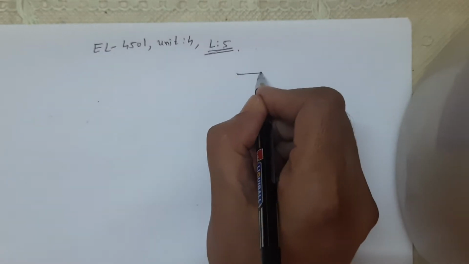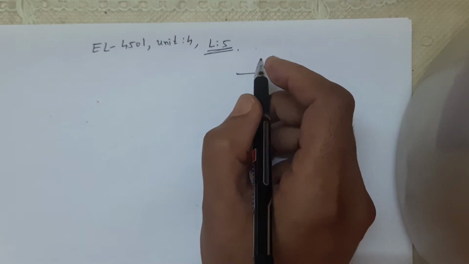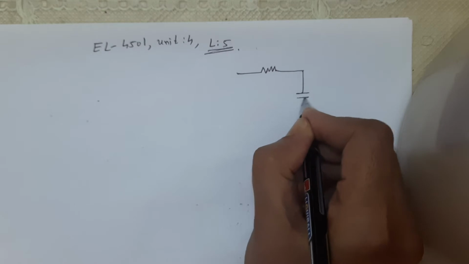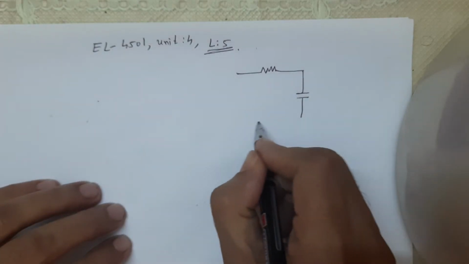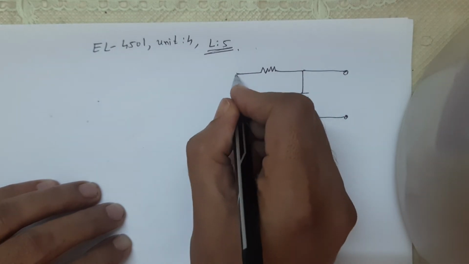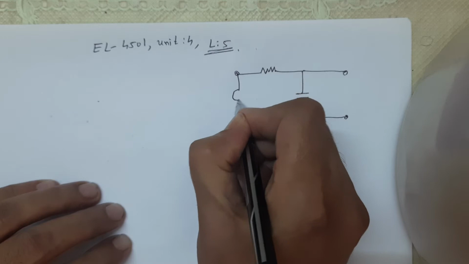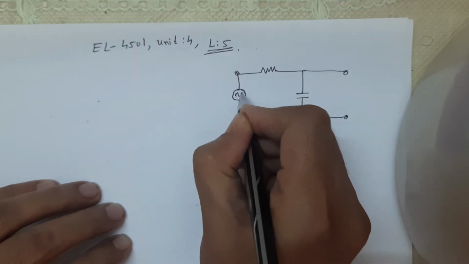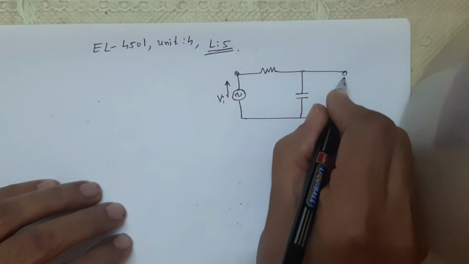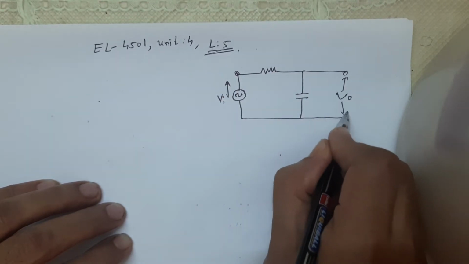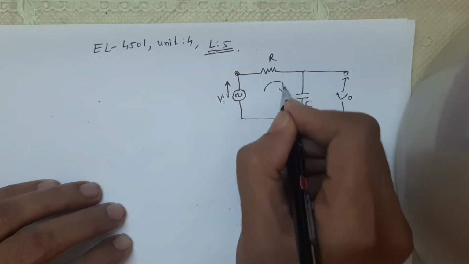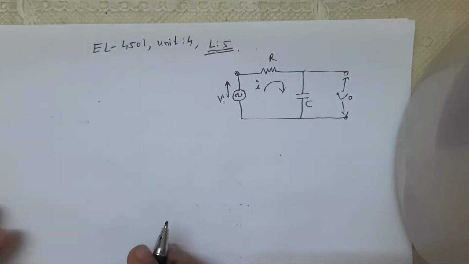This is our low pass filter circuit, with R and C. This is your input Vi, and this is your output Vo, with the current I.